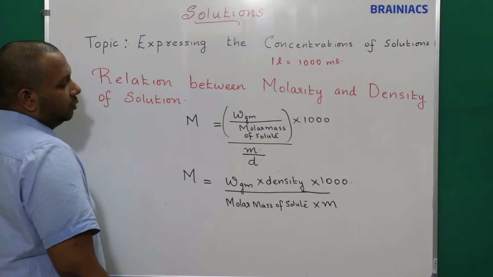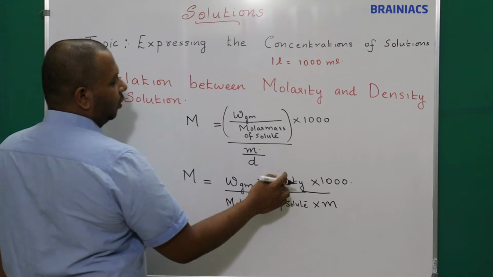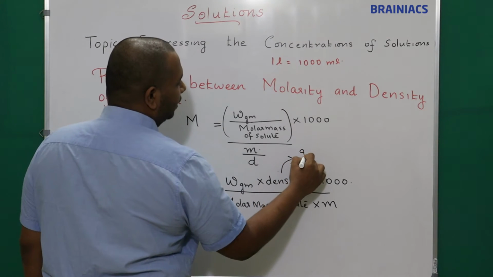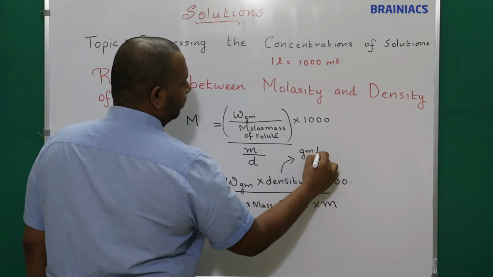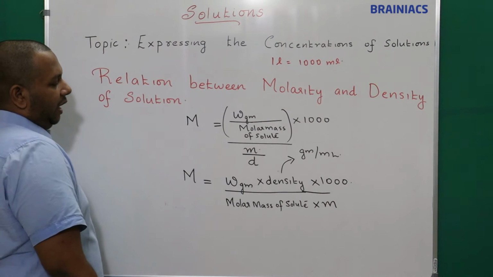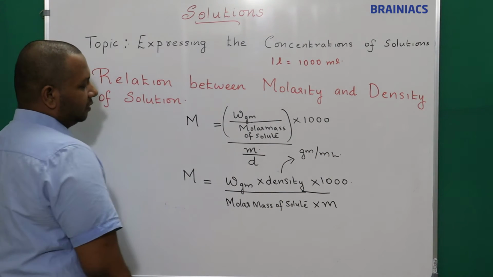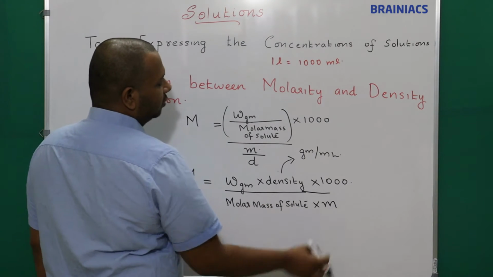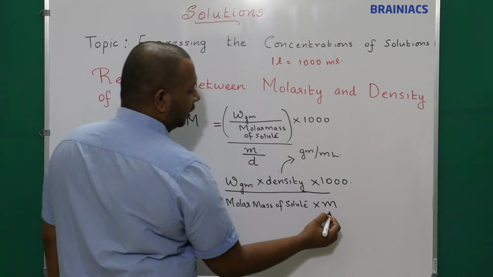So here two things you should remember. Here density, what is the unit actually? It is not per liter, we are taking it as gram per ml. This is the unit we are taking. And molar mass of the solute will be a fixed one. Here also weight in gram we are taking, and this one is also very important. M stands for what actually?